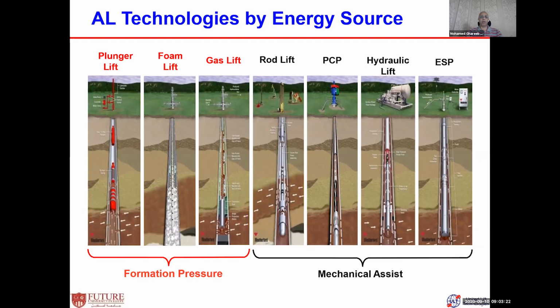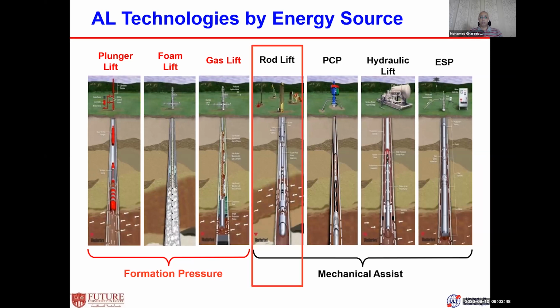Meanwhile, if it is a pumping system, it is required to increase the discharge pressure, which allows the fluids to reach the surface with the required wellhead pressure to move this fluid to the separators.